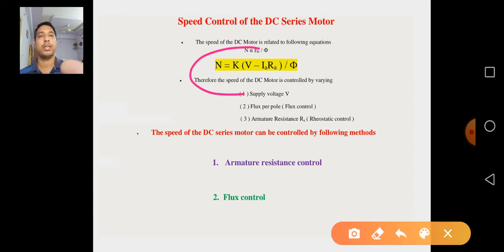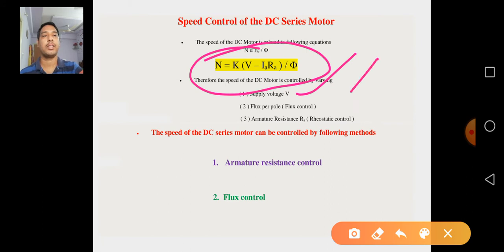From it we see variation of the supply voltage, variation of the flux, and variation of the armature resistance. These are the three different methods of controlling DC motor speed.